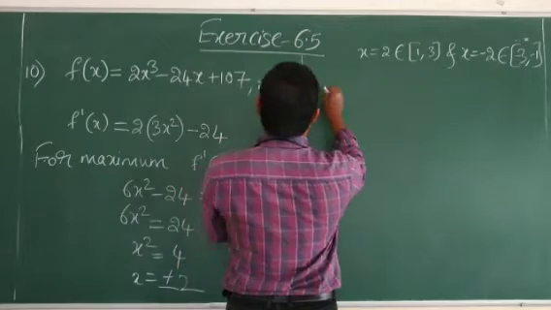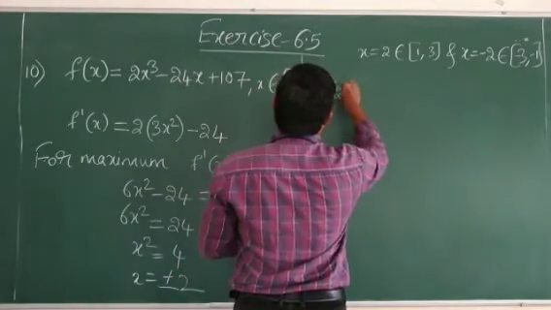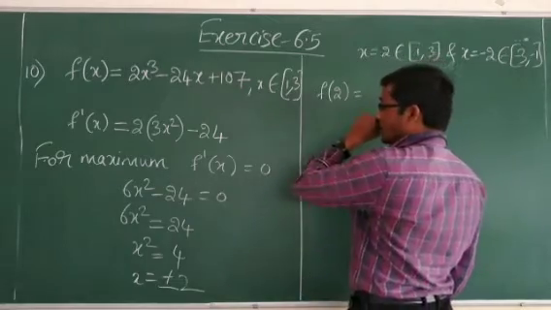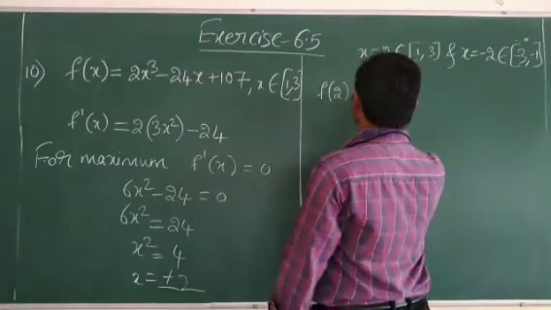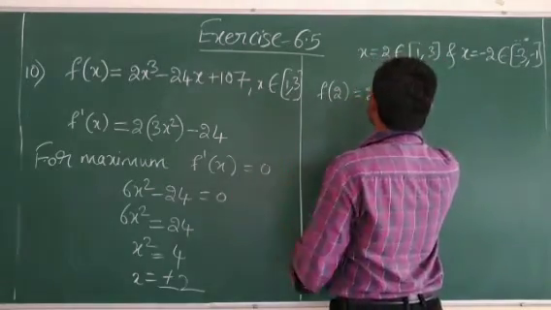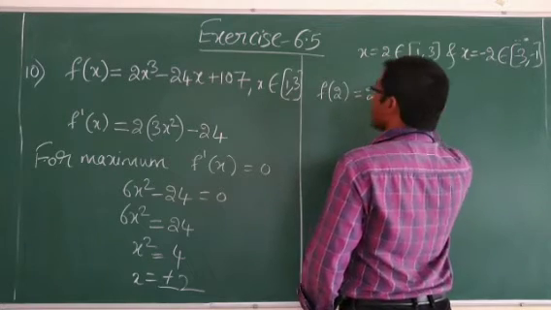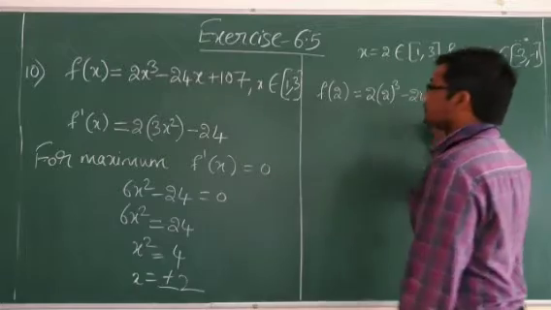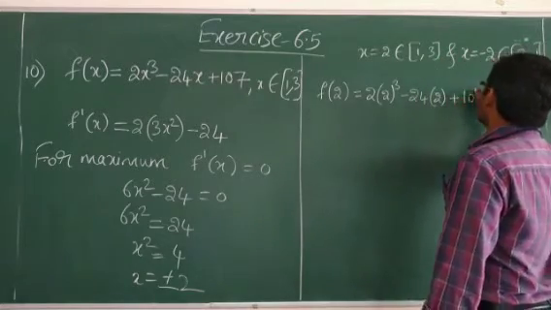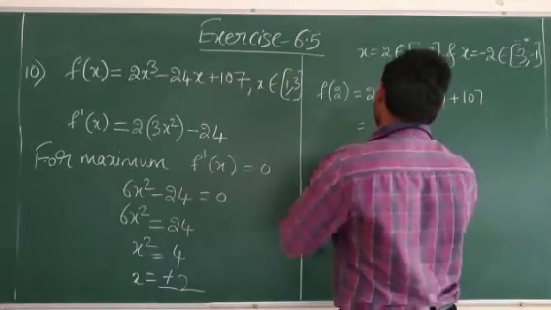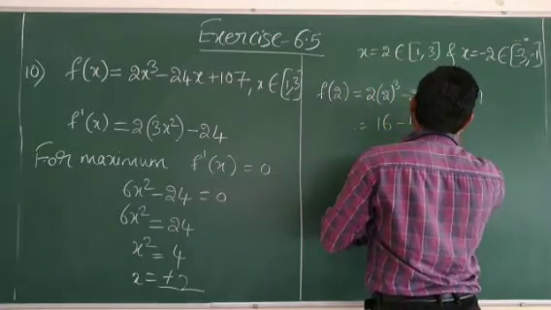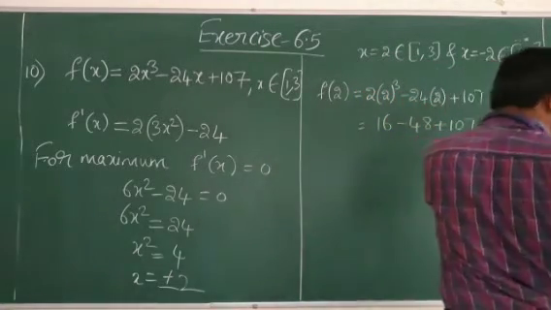So we take f at 2, that is equal to 2 into 2 cube minus 24 into 2 plus 107. So that is equal to 2 cube is 8, 16, 16 minus 48 plus 107.